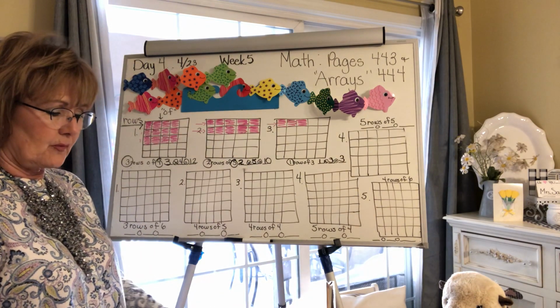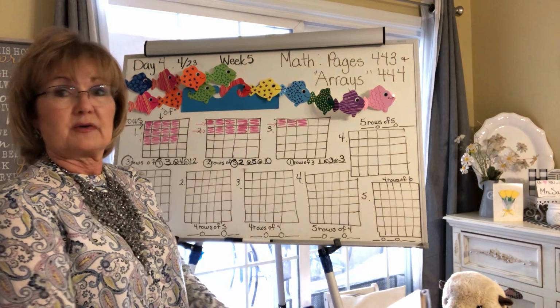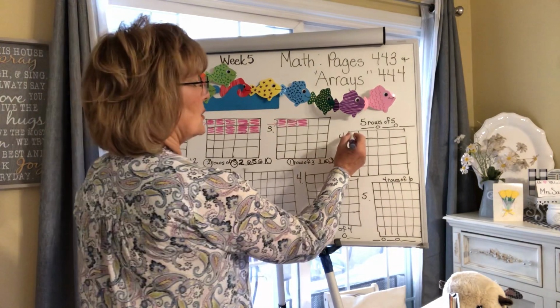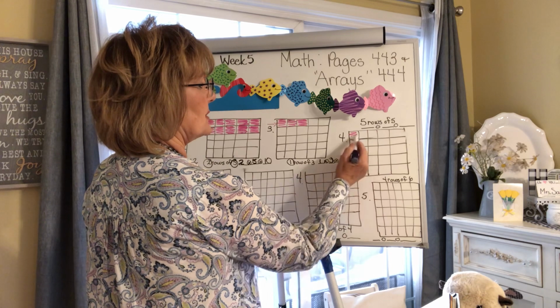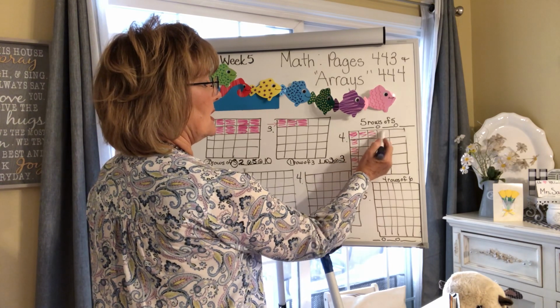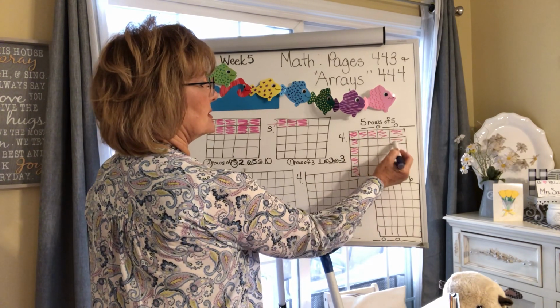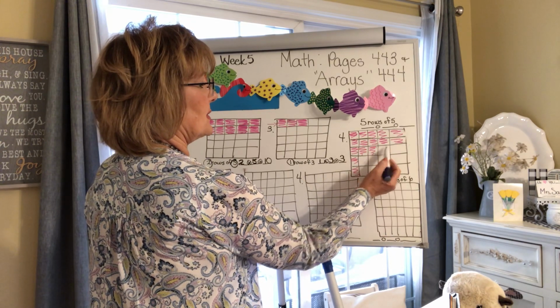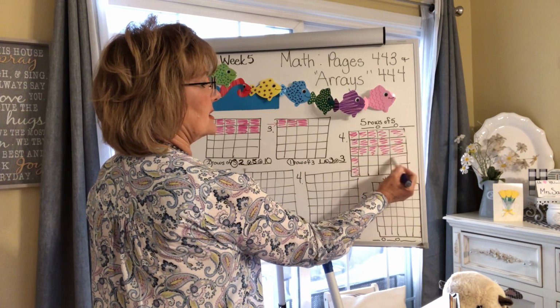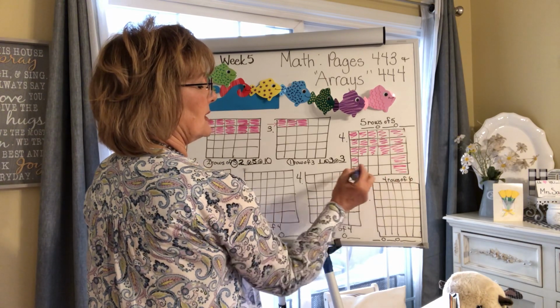Okay, number 4 says 5 rows of 5. So we've got 1, 2, 3, 4, 5 rows with 1, 2, 3, 4, 5. You get the picture? Yeah, the whole thing. 5 rows, 5 in each row. Don't forget that counts as 1.